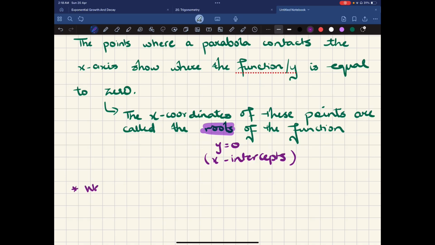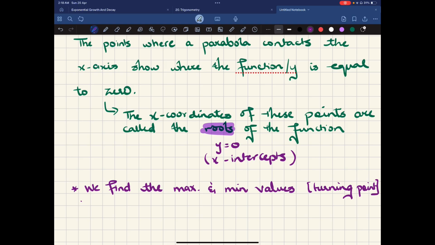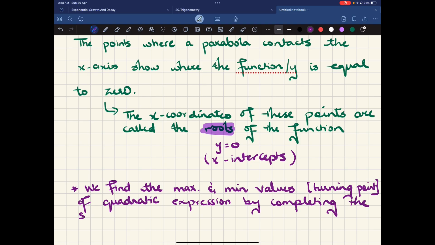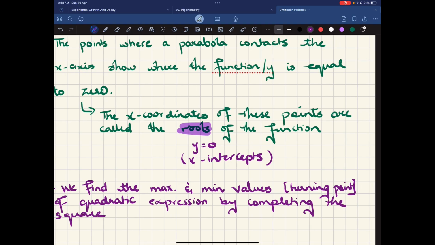We find the maximum and minimum values, basically the turning points of quadratic expressions, by completing the square.